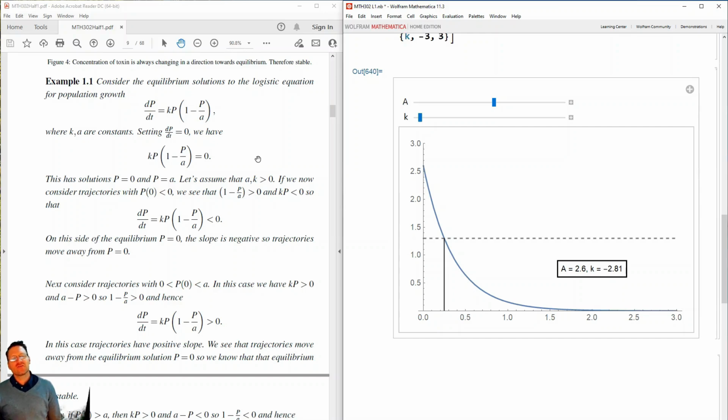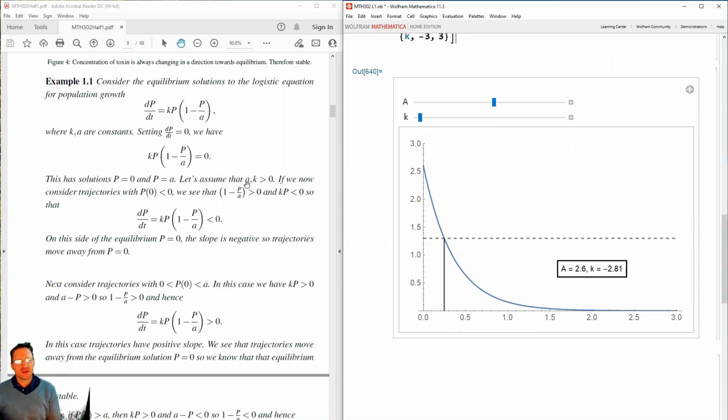So if we're looking here for equilibrium solutions, then we want to sub in dp/dt = 0. So in this case we have this equation, kp(1 - p/a) = 0. And we want to solve for all such p that satisfy that equation to get the equilibrium solutions. Okay, so this one has equilibrium solutions p = 0 and p = a.